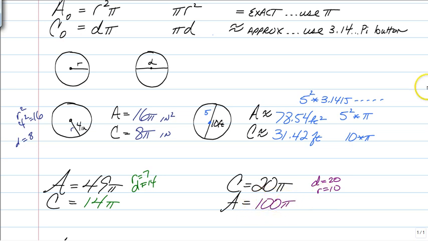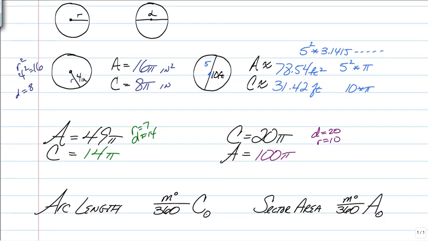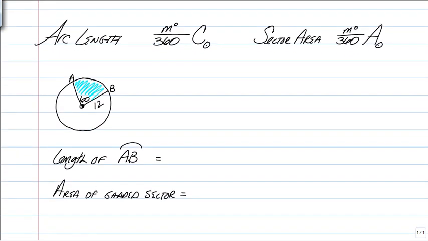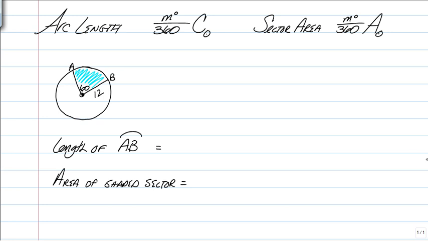Now there's another part of a circle, and it's called the arc or the sector if you're speaking in terms of area. So this is just part of a circle. We use the same formulas. The only difference is you just have to say how much of a circle you have. So this is asking you for just 60 degrees of the circle. And we know that circles are 360 degrees all the way around.